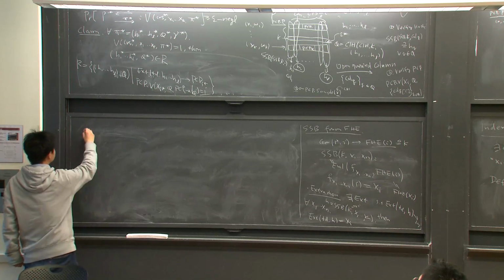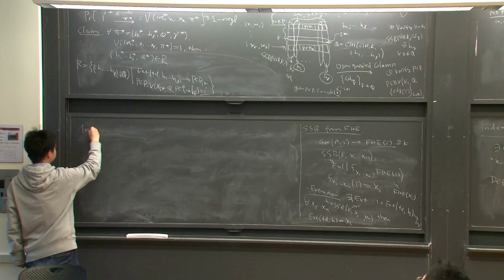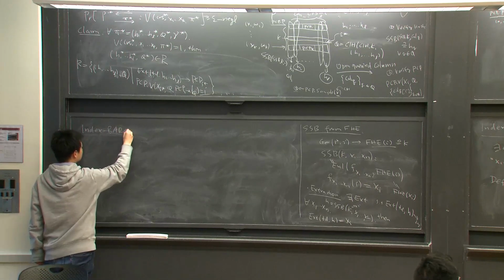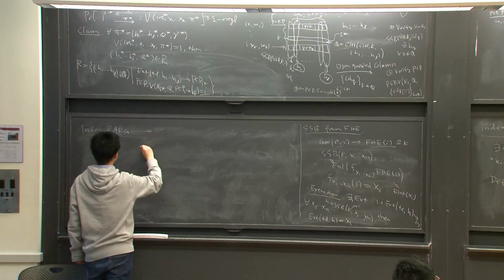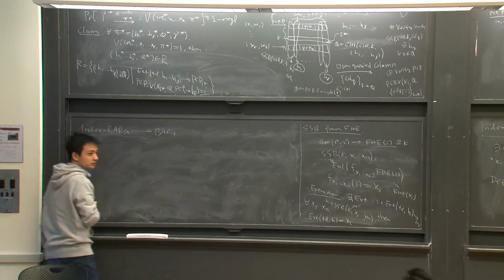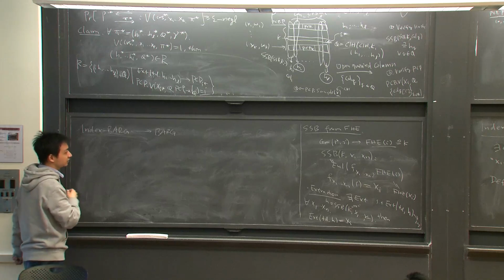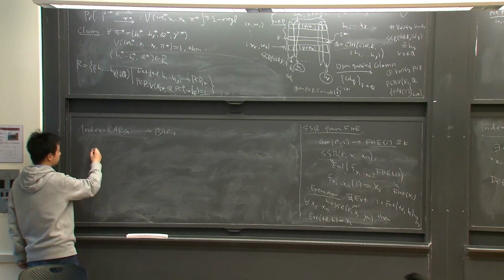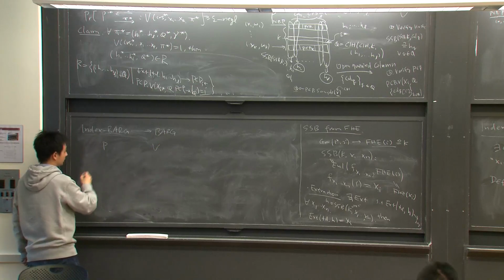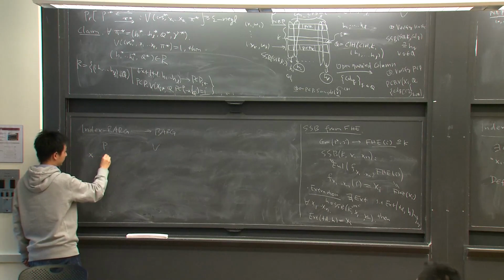So what I will show you is, if you know how to build an index BARG, then you can use it in a generic way to build BARGs. So the reduction works as follows. Suppose we want to build a BARG for a bunch of instances from x1 to xk.